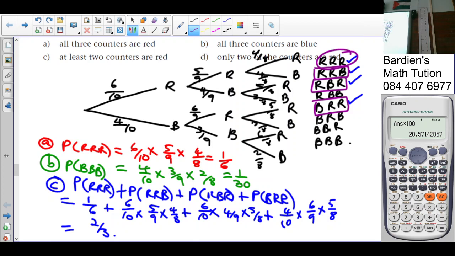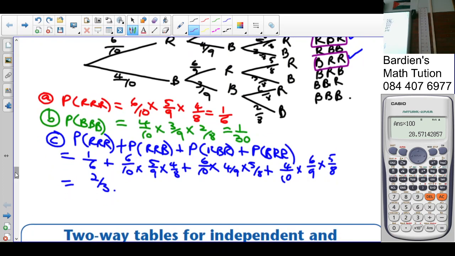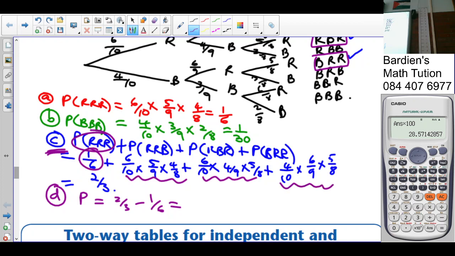So in other words, for D, it's going to be the probability of what we got in C minus this one, which is that value there, 1/6. So that's going to give you 2/3 minus 1/6. Or you could have said that, plus that, plus that. Should have also given you this answer. And that's the answer, equals half. Okay? Any confusion? No.